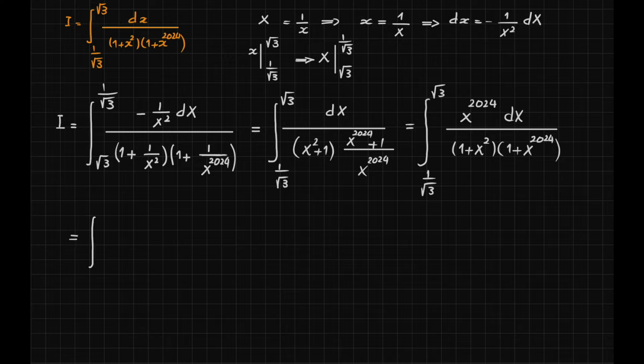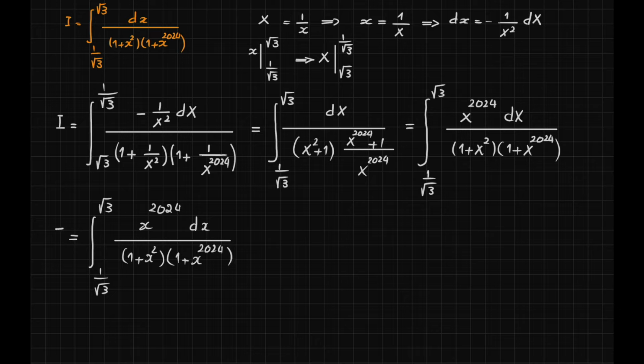It doesn't mean that little x and capital X are equal, but it means that the integral I that we have is also equal to this integral, and in this integral it doesn't matter which name I choose for my variable. I now choose the same old variable little x. Then I will have x to the power of 2024 dx, and the denominator is simply 1 plus x squared multiplied by 1 plus x to the power of 2024.